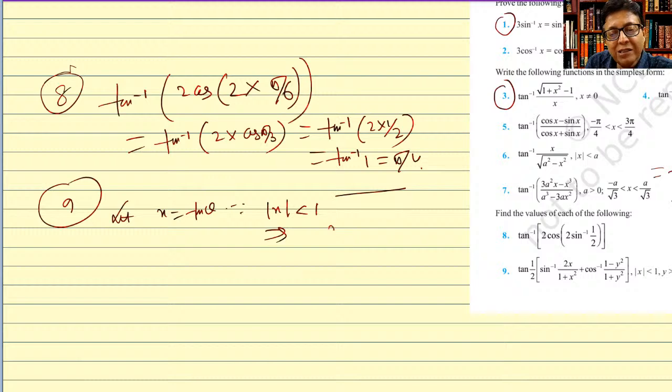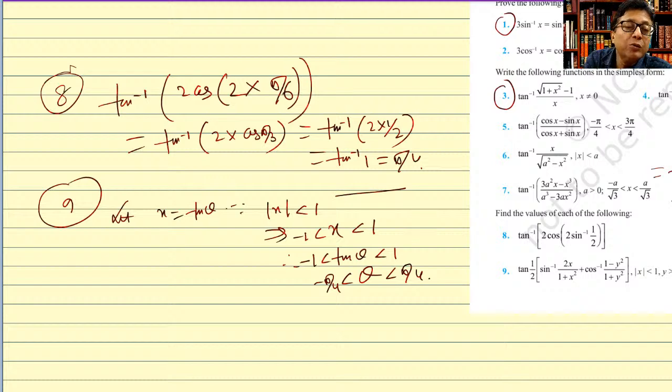This implies, in the same manner, so in inverse trigo, whenever you substitute something, try to get the interval for that function. Theta is what we got. Now this is what?